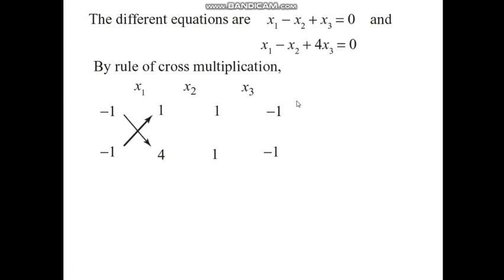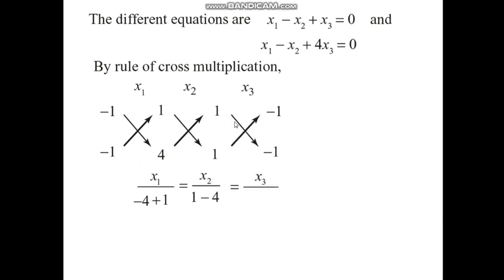By cross multiplication, x1 upon (−4 + 1) equals x2 upon (1 − 4) equals x3 upon (−1 + 1).